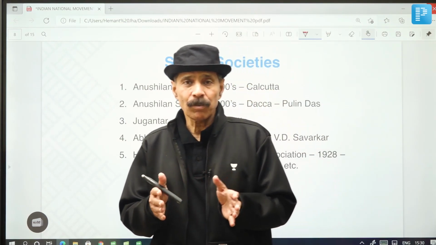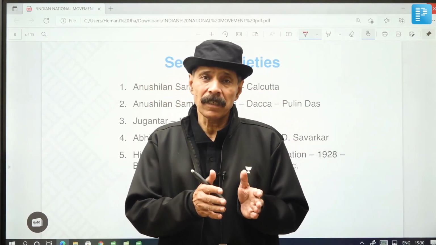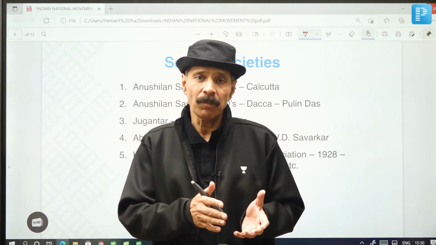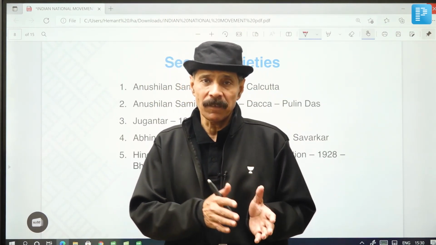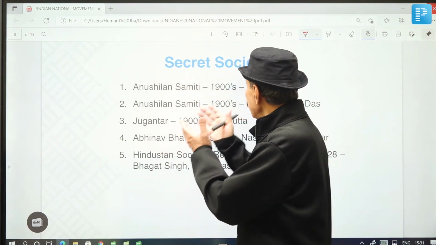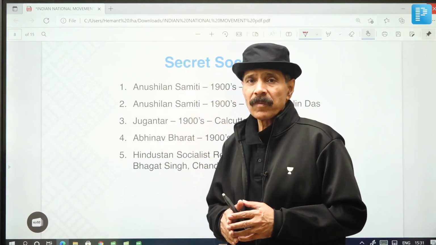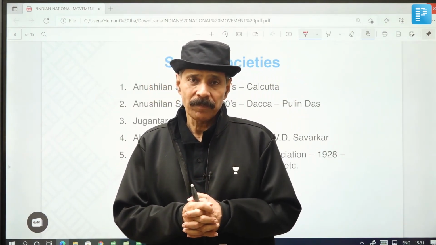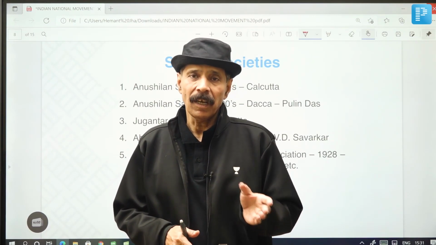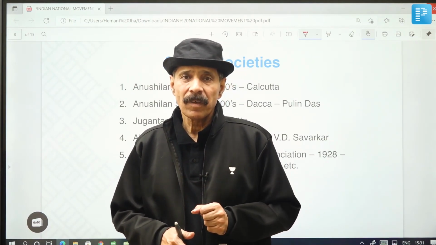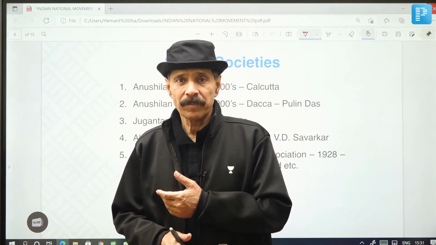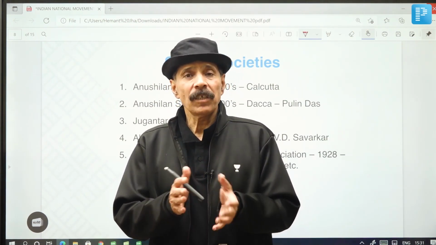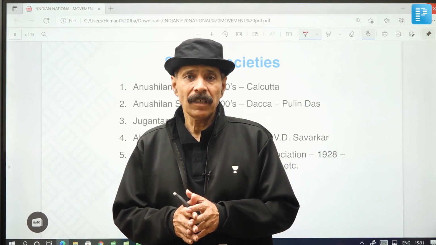So revolutionaries and the moderates and militants were different in this respect. Besides, they were also different because the militants and the moderates were part of Congress. The revolutionaries were not part of the Congress. They had different platforms, and these platforms were these societies. One more thing, the militant nationalists or extremists like Tilak, Lal Lajpat Rai, etc., and the revolutionaries like Bhagat Singh, Chandrasekhar Azad, etc., were different in two respects.